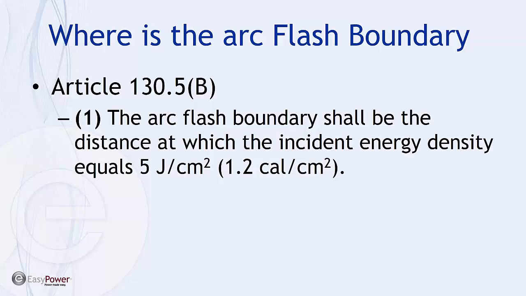So again, this is the distance at which unprotected skin would have a 50% chance of developing a sunburn or a second-degree burn. So there's a correlation between damage to humans and that particular boundary, and that's kind of the common denominator in most of the incident energy calculations and definitions.